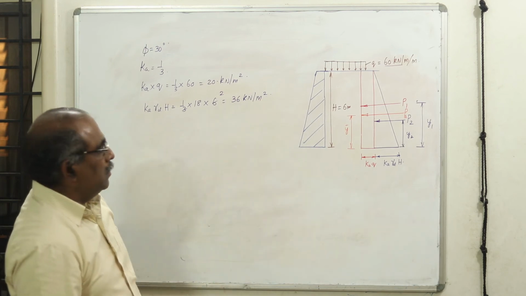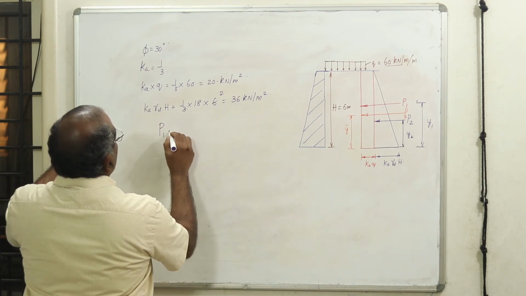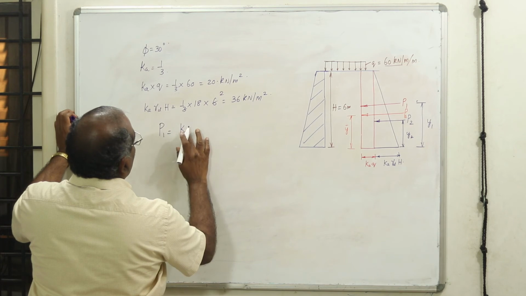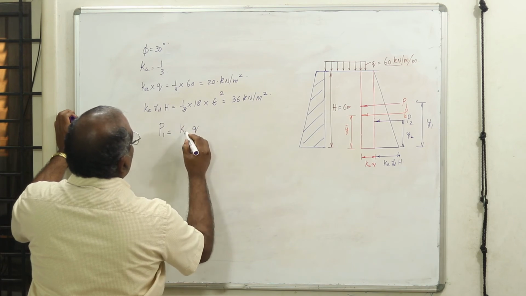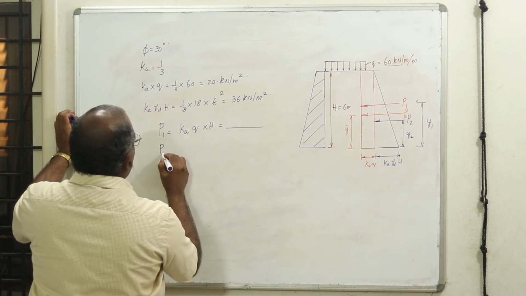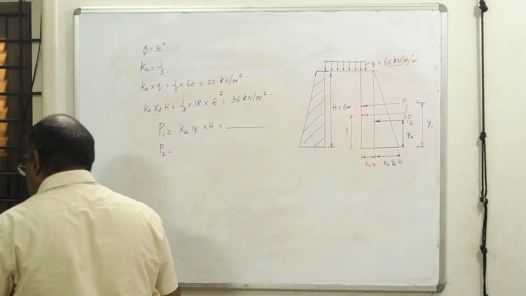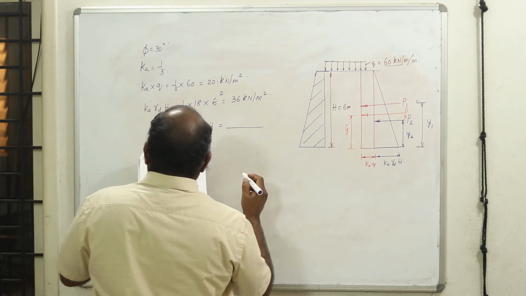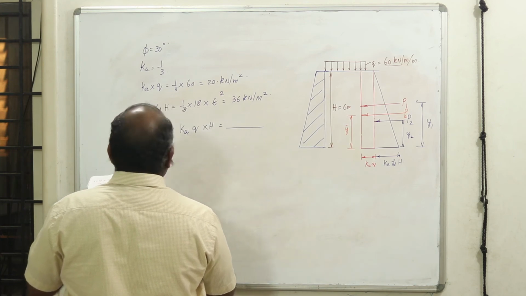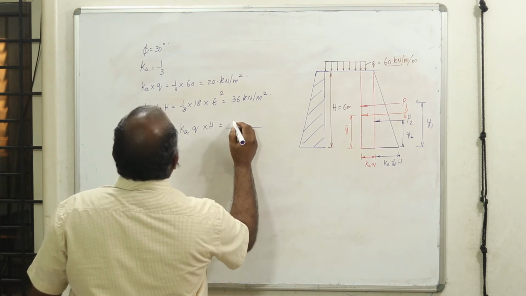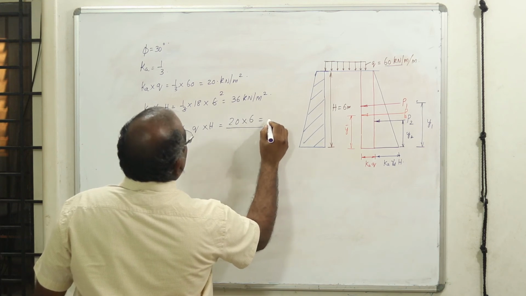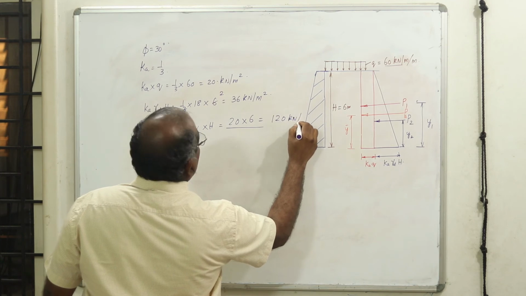Now we need to find out the total thrust. P1 is equal to the area of the rectangle, that is KQ into H. We can find that it is 20 into 6, which is 120 kilonewton per meter.